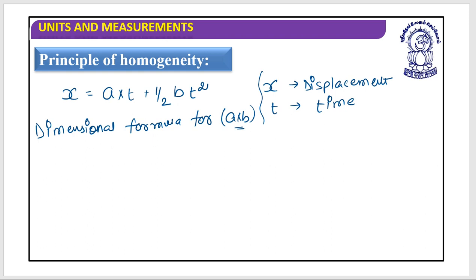You need to find out the dimensional formula for A into B. So this is all given. How could you write this?